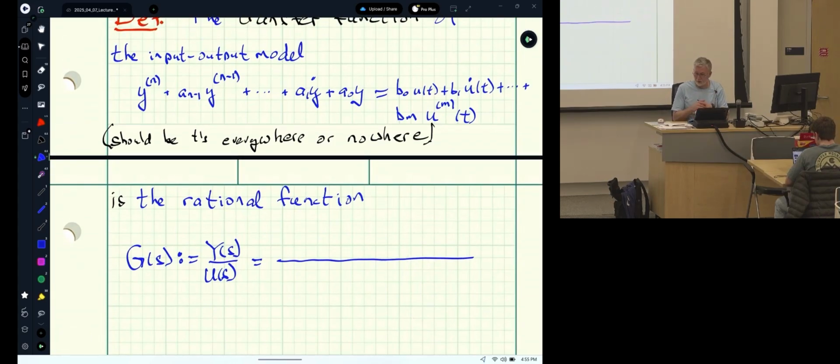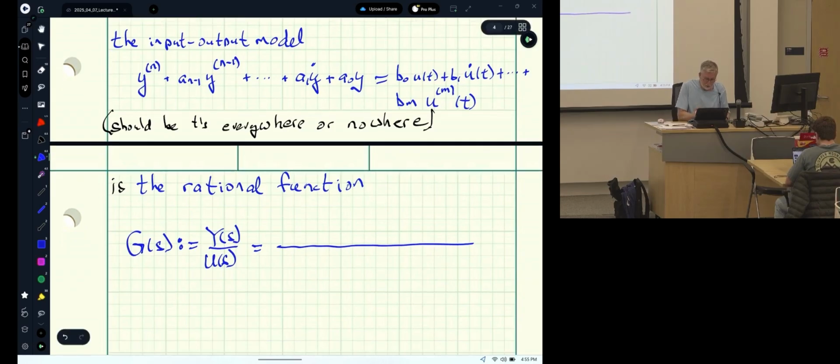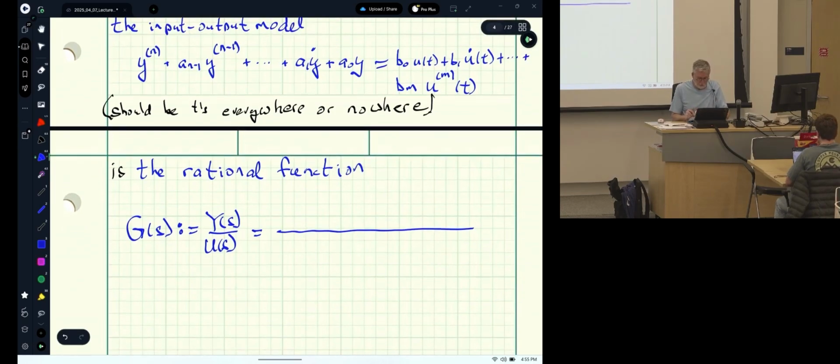Now I'm going to write a rational function. Here's the denominator. Compare it to the left-hand side of the differential equation: s to the n, a_(n-1) s to the n minus 1, ... a1 s plus a0.